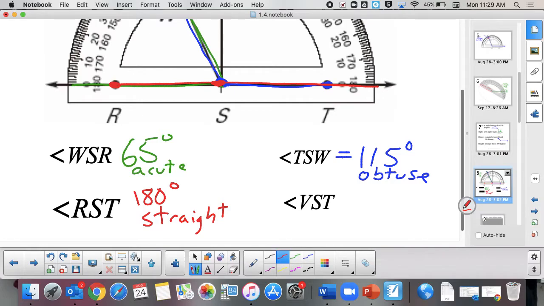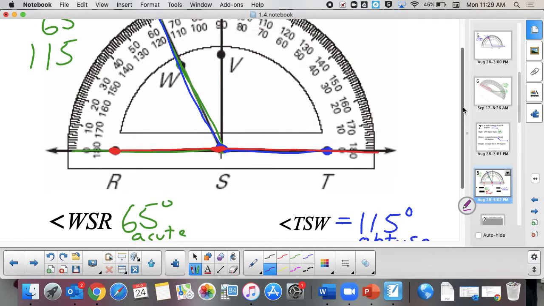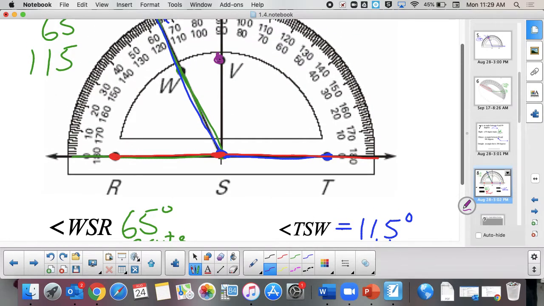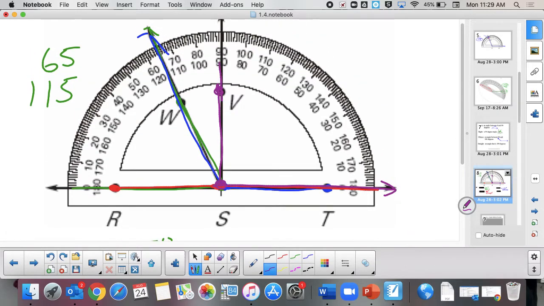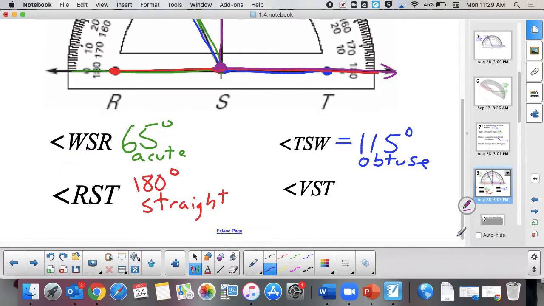Which leaves one last one to do. Angle VST starts at V, goes to S, ends at T. If I follow it out, the only number it goes through is 90. So angle VST is our 90 degree, and we call it a right angle.